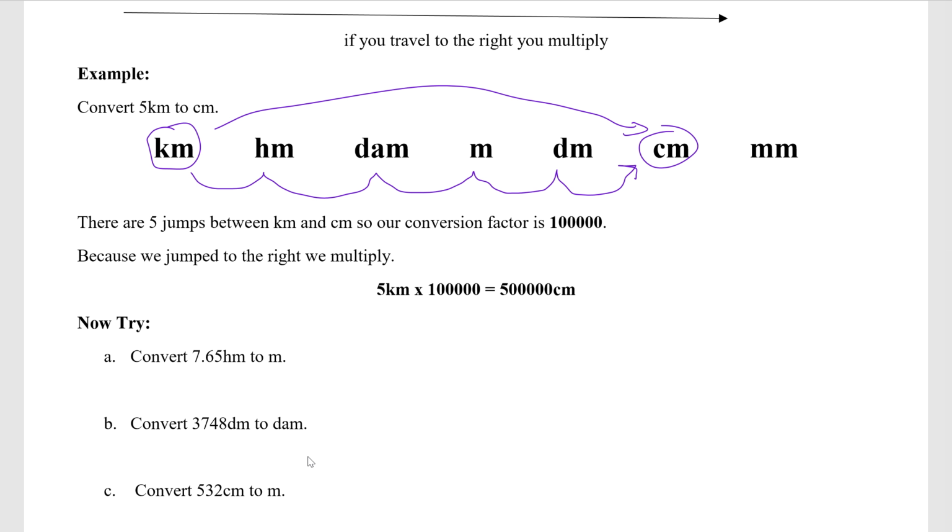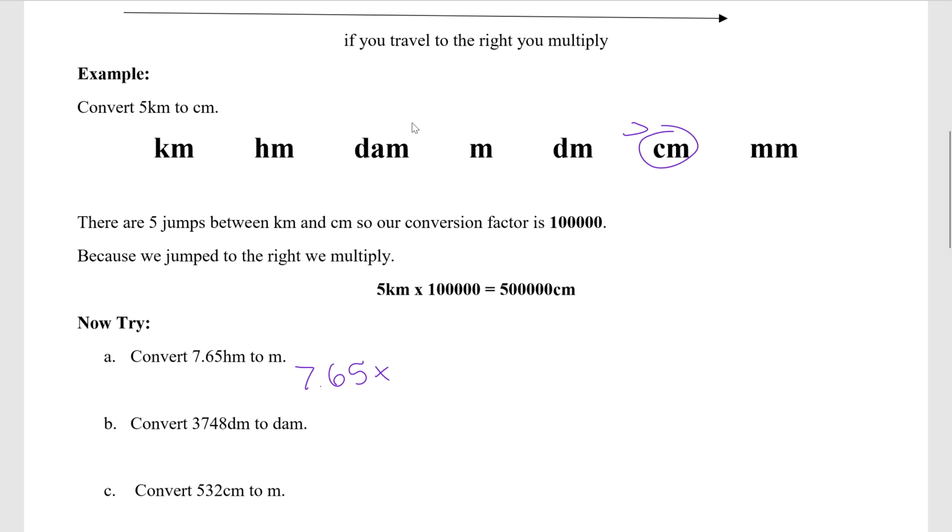Okay, welcome back. So the first one, convert 7.65 hectometers to meters. So we know we're multiplying 7.65 times our conversion factor. So let's look at what our conversion factor would be. I'm going to clear the work we did for the last problem, because now we're going from hectometers to meters.